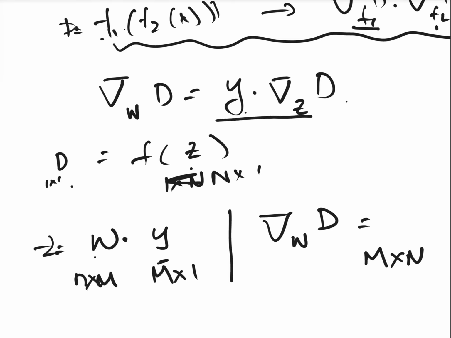Let's verify that that holds for this term. What is the size of y again? M cross 1. And what was the size of the derivative of D with respect to z, where z was an n cross 1 vector? 1 cross n. And so what is the size of this product?